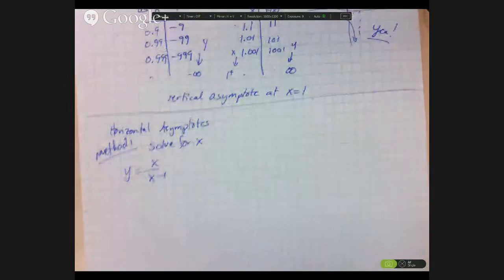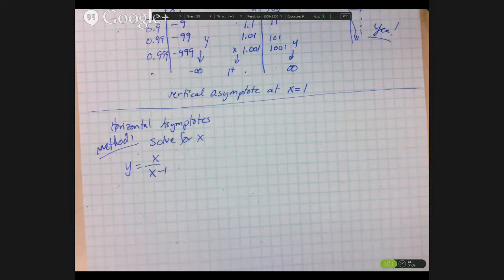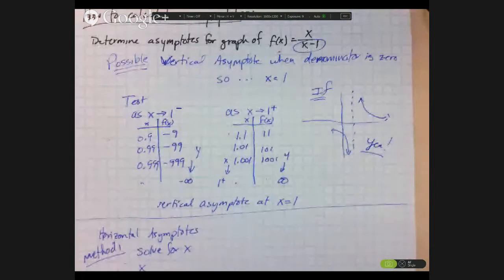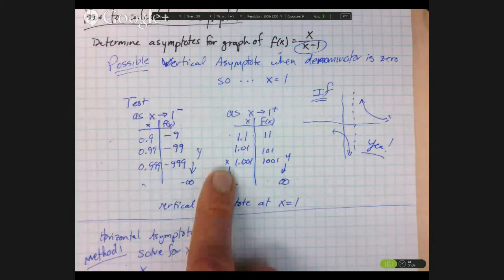There are two different possible methods. Gabby, if it what? Like the first one, you said that it was possible.